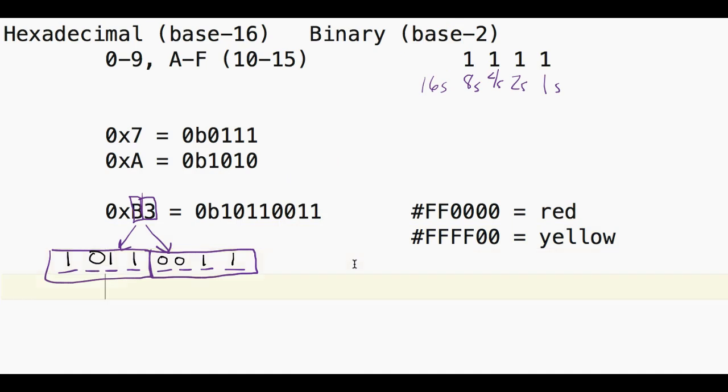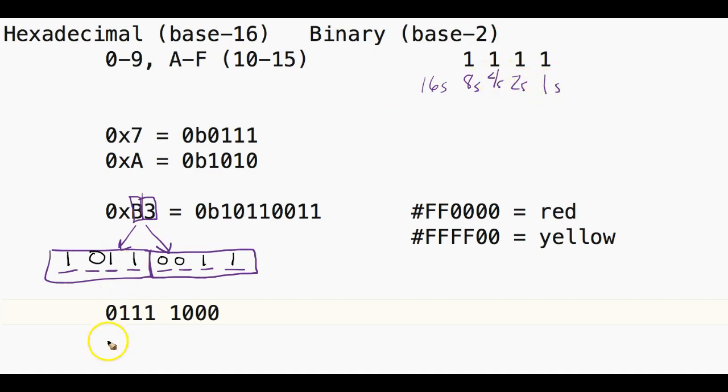Let's just do one last example of going from binary to hex. So if I have, let's say, 0, 1, 1, 1, 1, 0, 0, 0. How do I convert that into hexadecimal? So again, split it up into 2. So 0, 1, 1, 1 is 4 plus 2 plus 1.